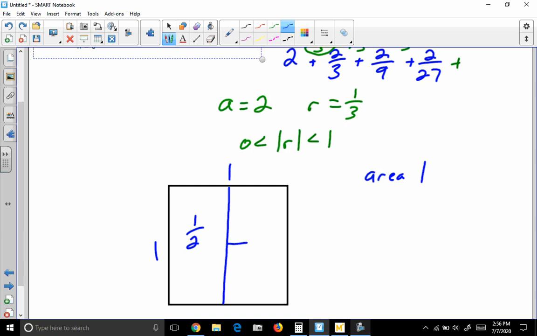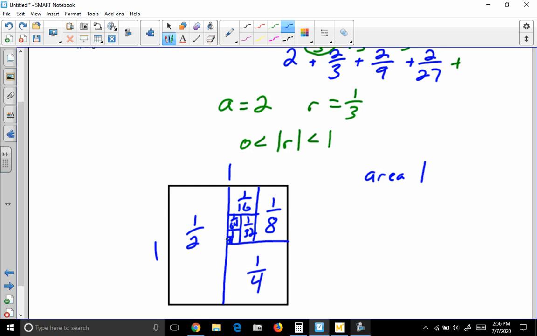If we cut this one in half, if we take half of a half, then this one is a fourth, and this one is a fourth. If we take half of this one, then this one is an eighth, and that's an eighth. Cut it again, this would be a 16th. This would be a 32nd. This would be a 64th. A 1 over 128. And we can keep on doing that forever and ever.